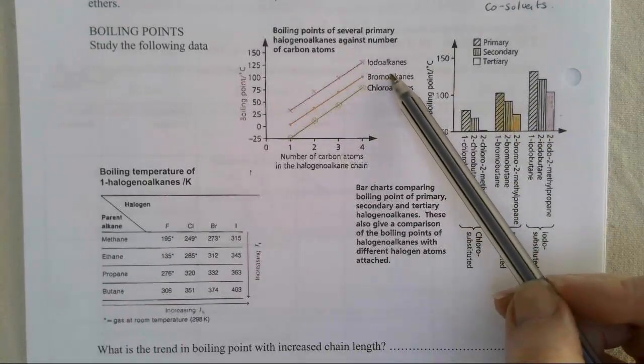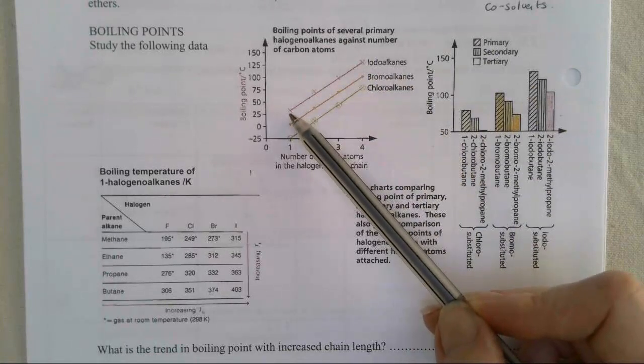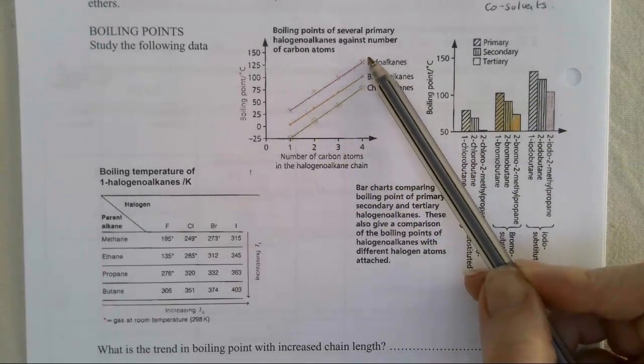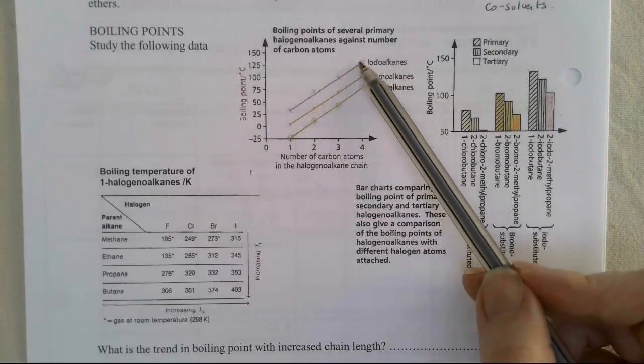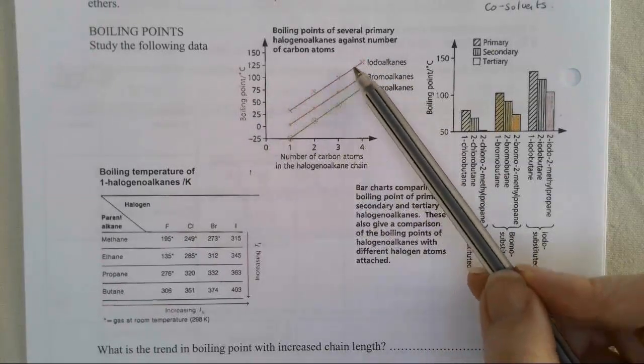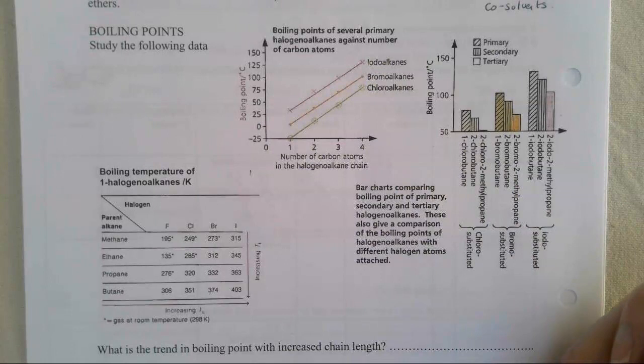I'm going to use iodoalkanes as my example. So as we increase the number of carbon atoms, we increase the boiling point. The more carbon atoms you have, the higher the boiling point. The reason for this is the same as it usually is. More electrons means stronger London forces. Stronger London forces means a higher boiling point.